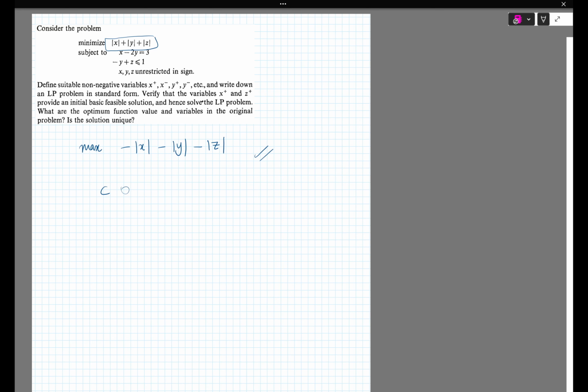But if x is unrestricted in sign, then we substitute it by x prime minus x double prime, right? Yes, x plus and x minus, both greater than or equal to 0. Then you substitute x equal to x plus minus x minus, and we can put this value in the objective function as well.